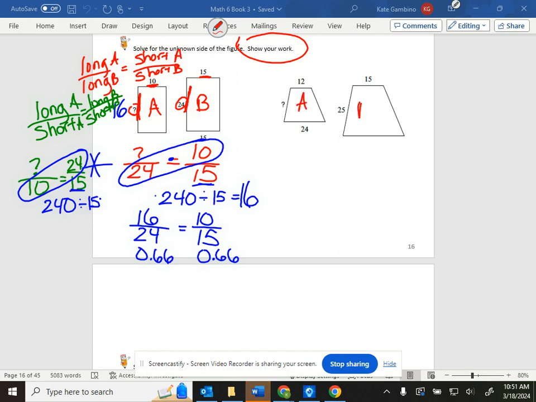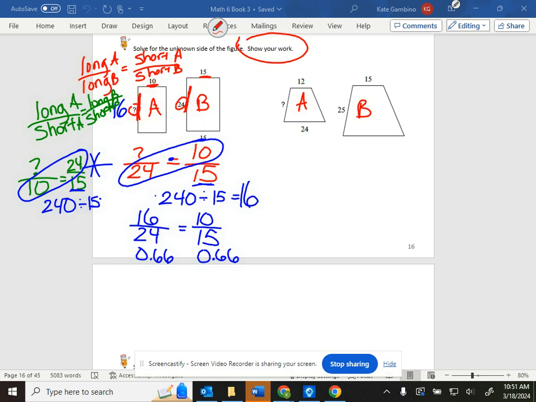So first thing is I need to label my polygons with my A and my B, so I know which side is which. So what should I put on the top? Which method? Okay, so what is the long A?